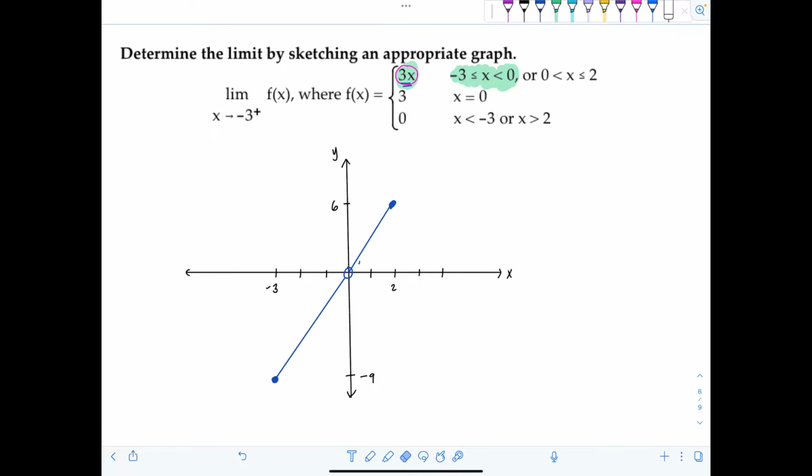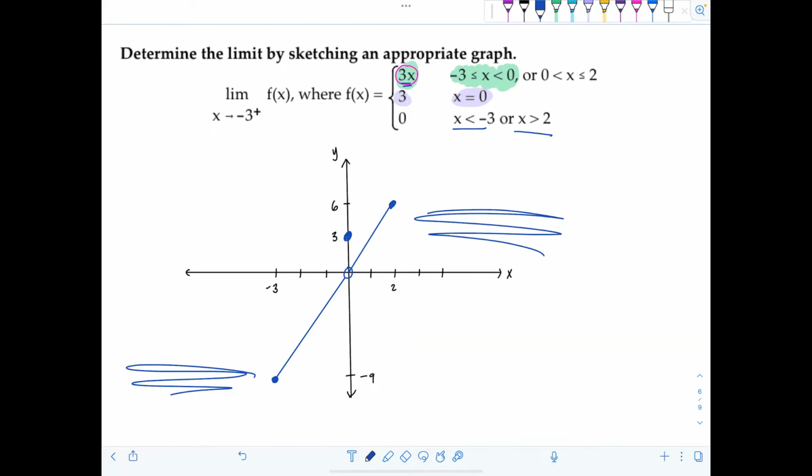Okay. Perfect. Now, they told me if x is precisely equal to 0, the function equals 3. Okay, a little odd, but whatever. So that means I'm just going to have one little lone closed circle right there. And then everywhere else, if x is less than -3, so over here, or x is greater than 2, the function's just equal to 0.